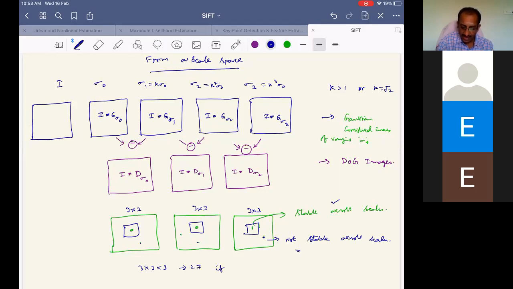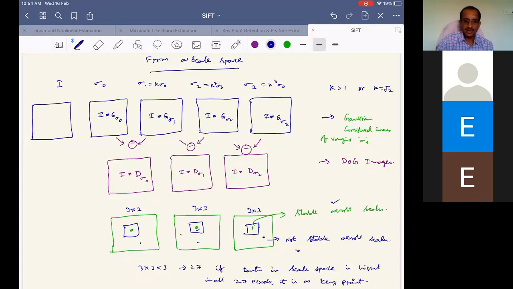If the center pixel, the center in scale space, is highest among all 27 pixels, it is a key point.